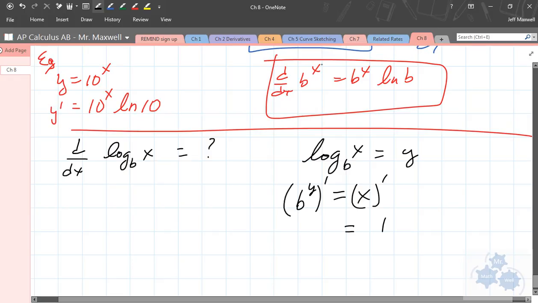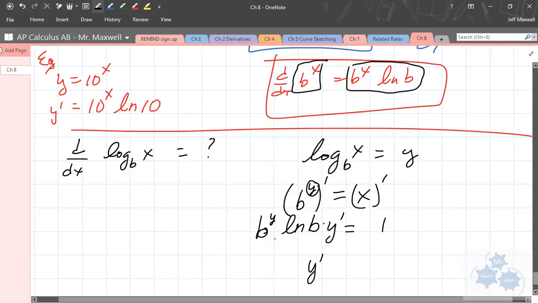What did we just do here? So b to the power of y times ln of b times y prime. Because this is y, not x, so we have to do the chain rule. So for y prime, we'll just divide both sides by this: 1 over b to the y ln b.